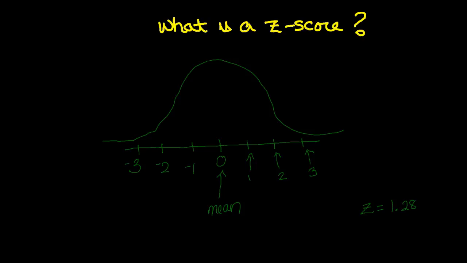I don't know, I'm just making that up. Then where I am is right about here. I'm at 1.28, okay? So what I am saying is, I'm right there. Think of it maybe as a number line or a ruler. What I'm saying here is I am 1.28 standard deviations away from the mean.